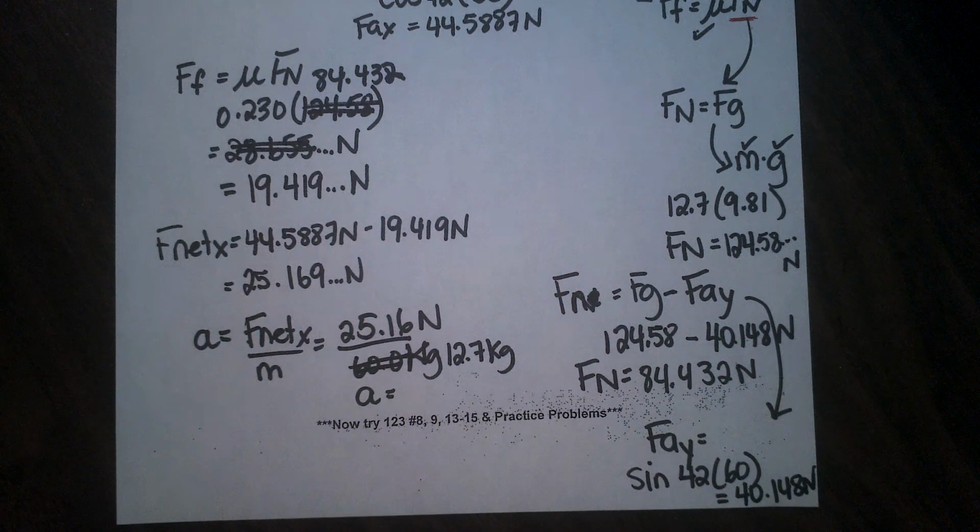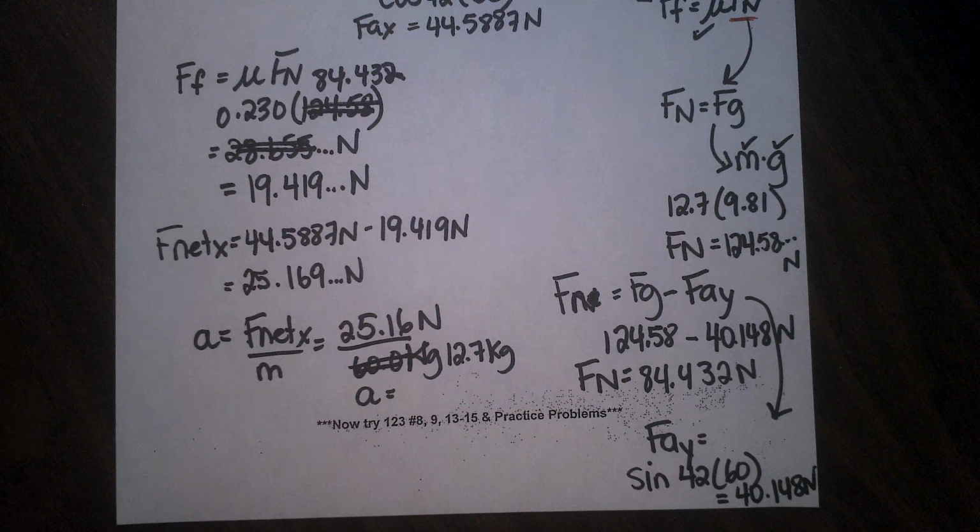12.7 kilograms is our mass, not 60. So this is not going to work all the way through. We put the wrong numbers in. We put the force in instead of the, oh, well, that was right. We did that right. Never mind. Today must be my Monday.